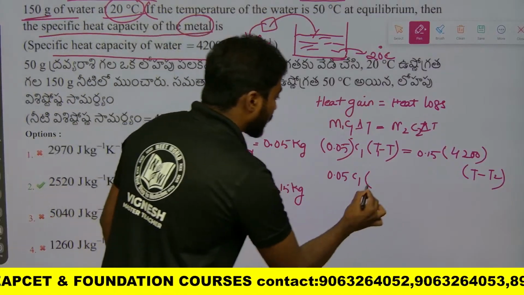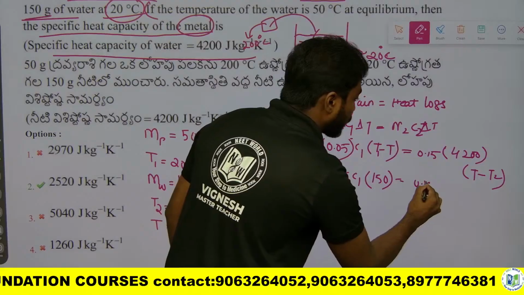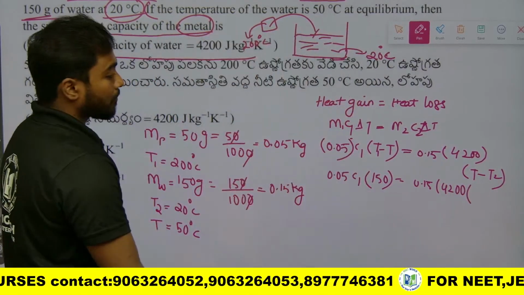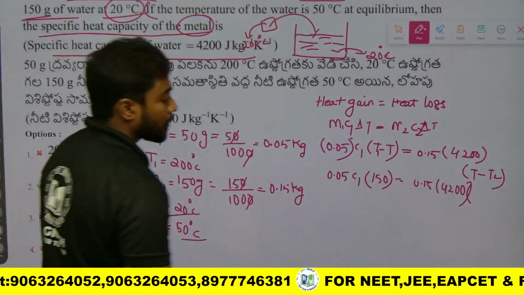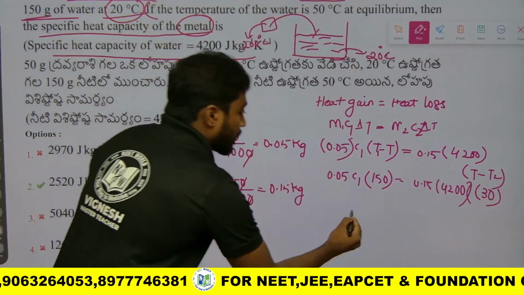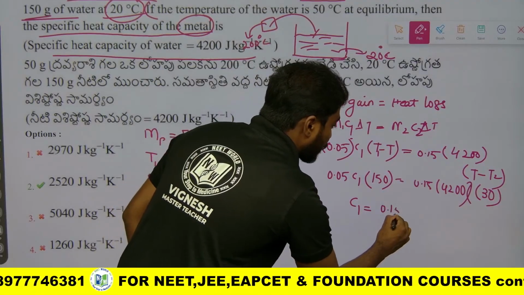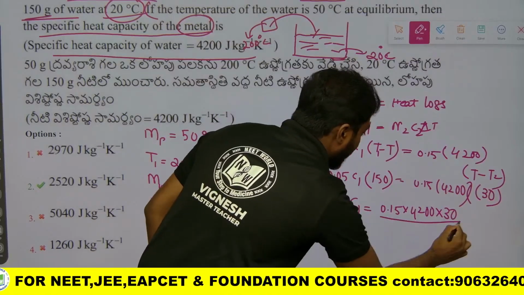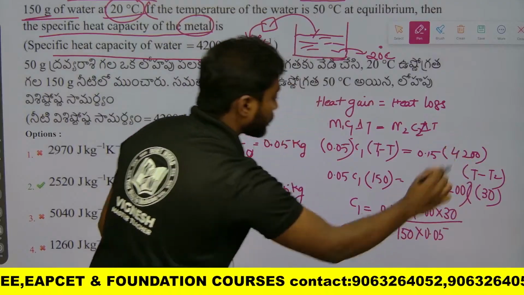So 200 minus 50 is 150. Okay. Next 0.15 into 4200. What is T here? 50. T2 is 20. So 50 minus 20 is 30. So from this I can find C1, no? C1 is equals to 0.15 into 4200 into 30 by 150 into 0.05.